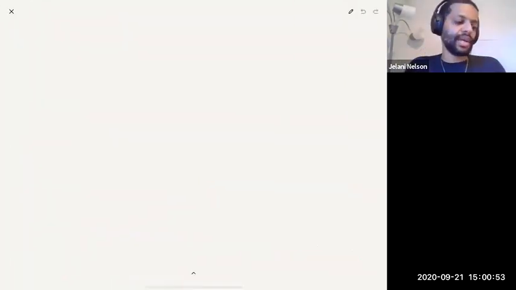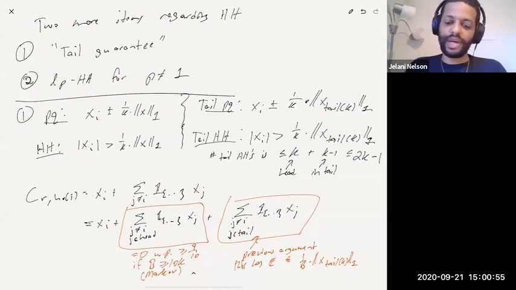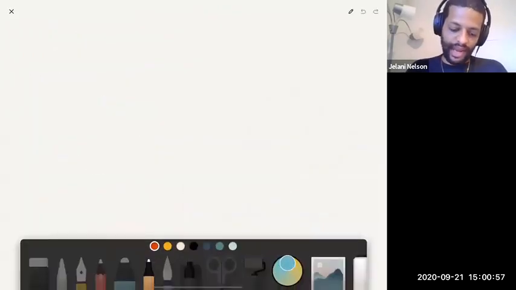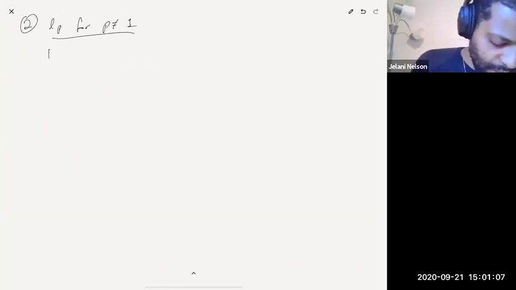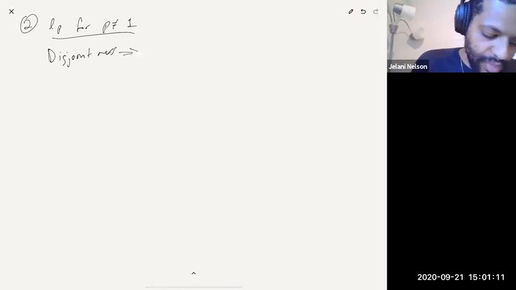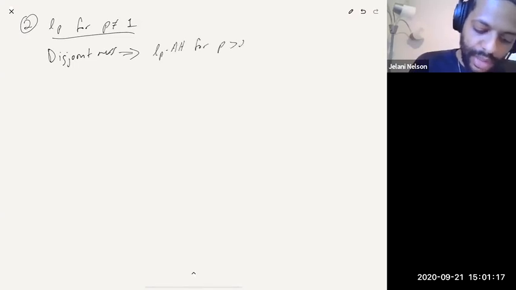The second thing that I want to talk about is LP for p not equal to 1. So again, I'll just wrap this up in the last 30 seconds. There's a reduction from disjointness, which implies that LP heavy hitters for p bigger than 2 requires polynomial space.